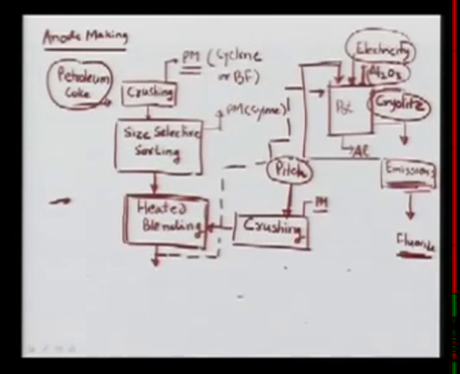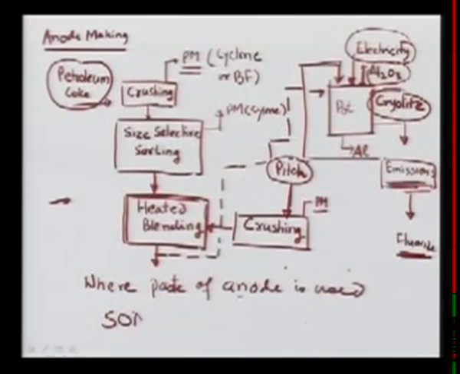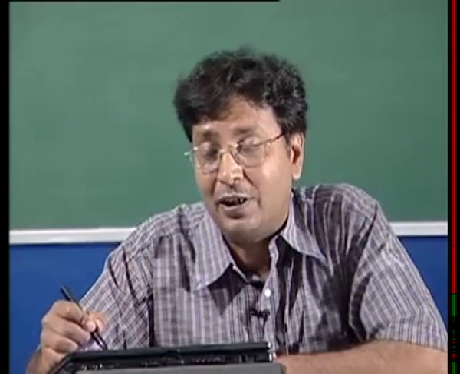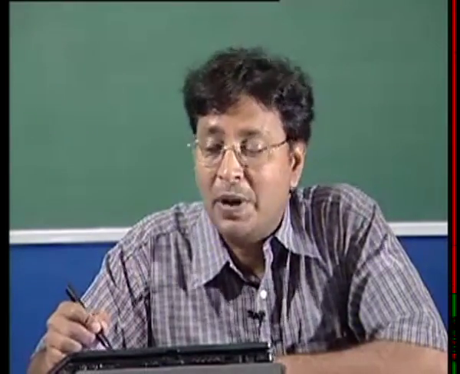This method, where paste of anode is used, is called Soderberg, based on the technology given by a Norwegian. In Soderberg technology, the paste of the anode is directly put into the pot, and hopefully it solidifies, and the baking takes place inside the pot.